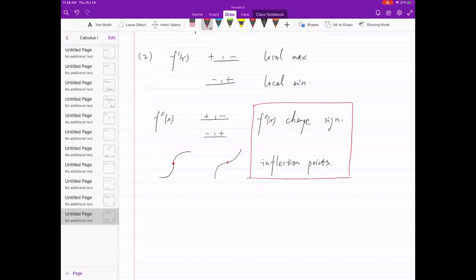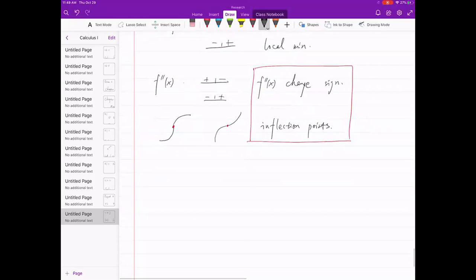First derivative changes sign: local max, local min, or saddle point, which means it doesn't change sign. Second derivative changes sign: inflection point. Good so far?